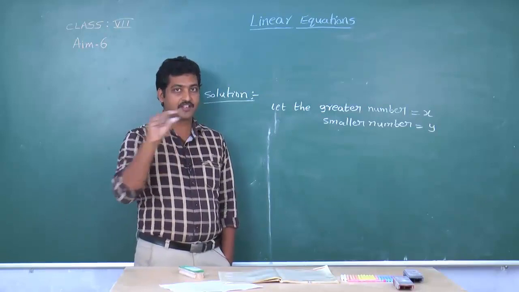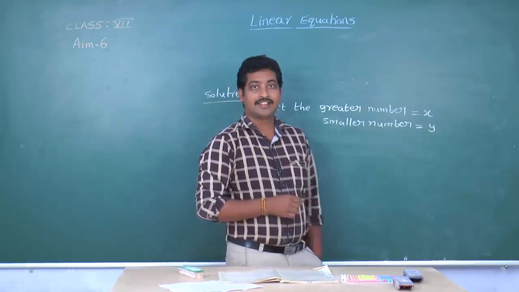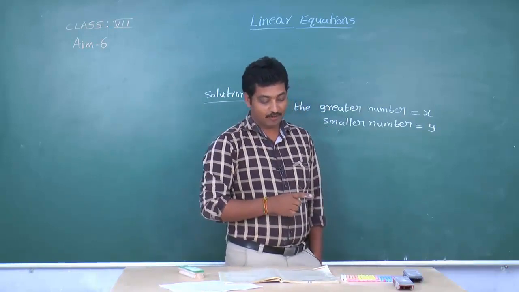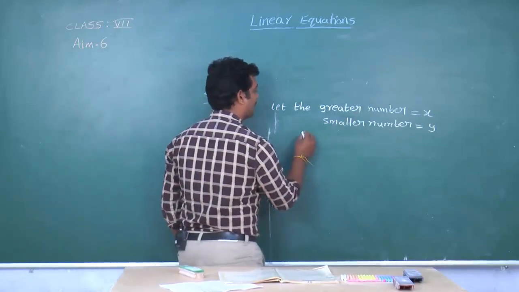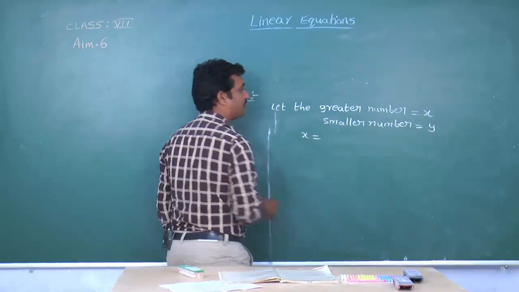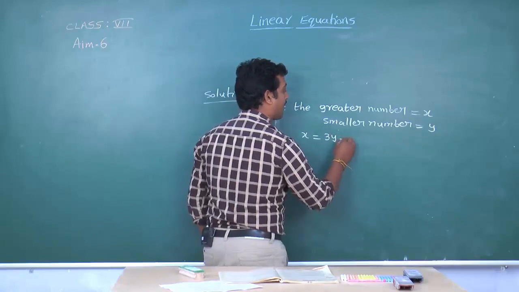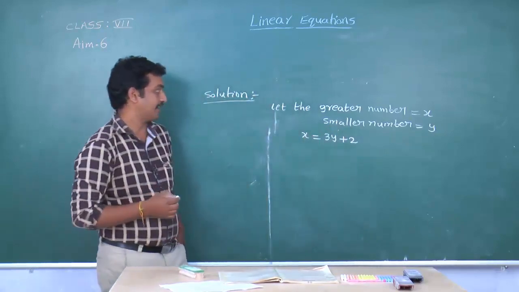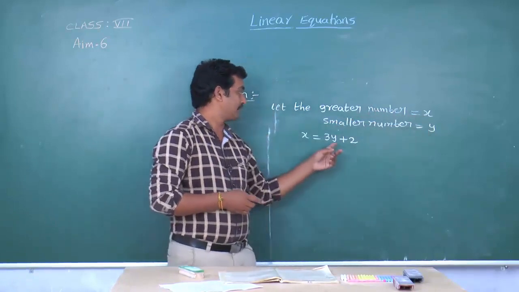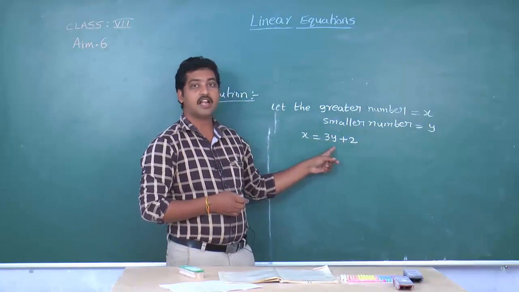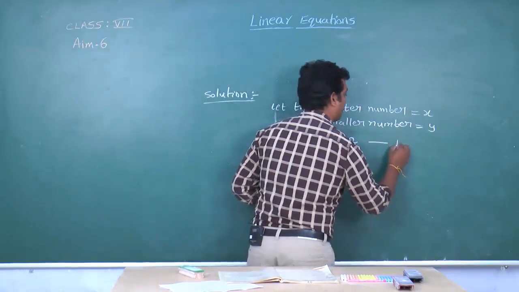If you read the first sentence in the given problem, what do you understand? One number is greater than thrice the other number by 2. That means x is equal to thrice the number and by 2. The greater number is 3 times the smaller number plus 2. Let it be equation number 1.